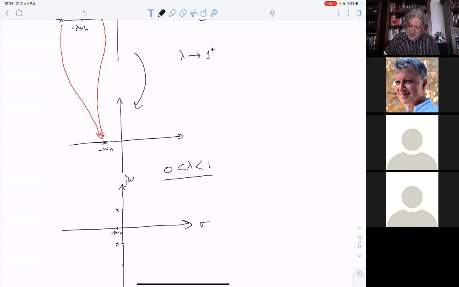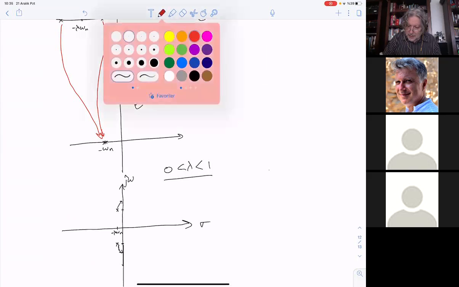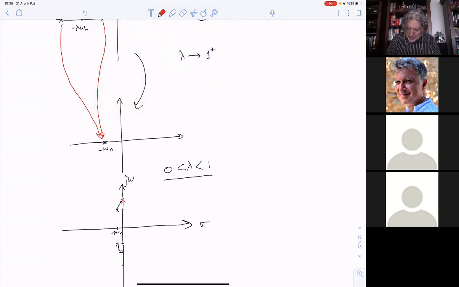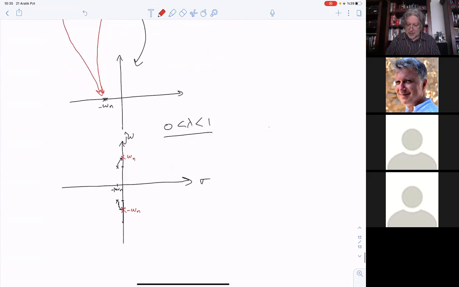So these poles, as you approach 0, will come here and here exactly, which is omega n and minus omega n on the imaginary axis, on the j omega axis, as you approach 0.